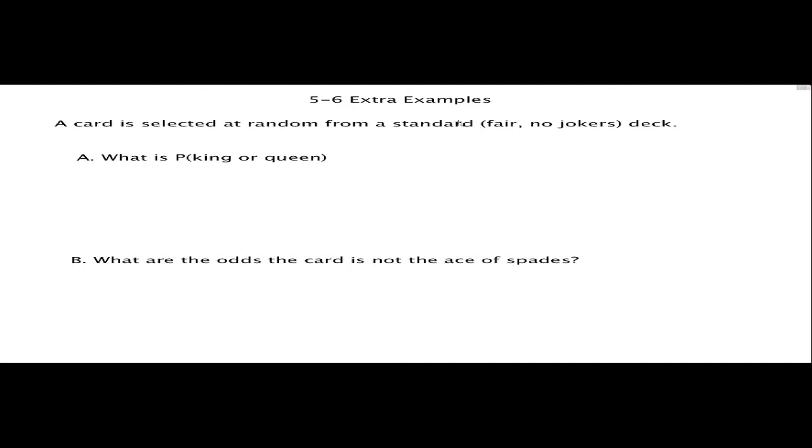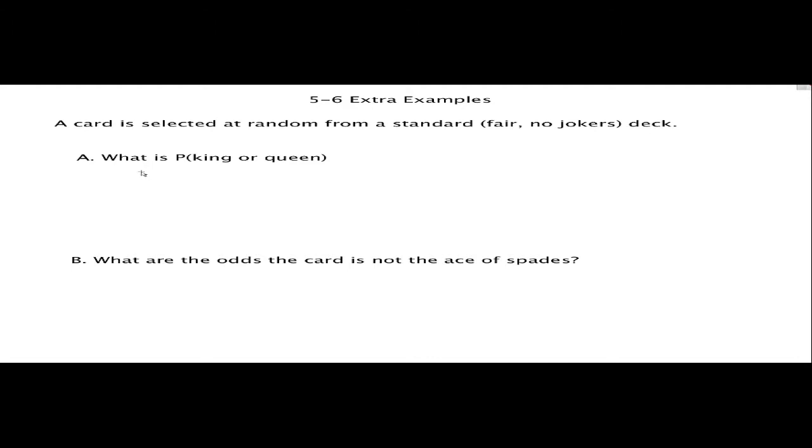So we've got a standard fair deck. And what is the probability that it's a king or a queen? Well, in each of the suits, we have hearts, spades, diamonds, and clubs.